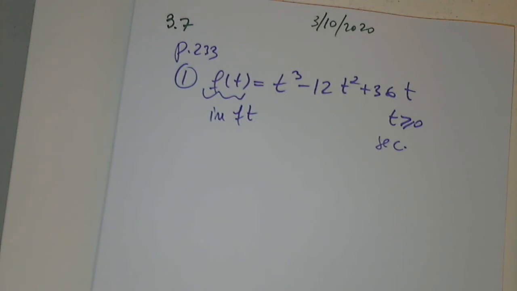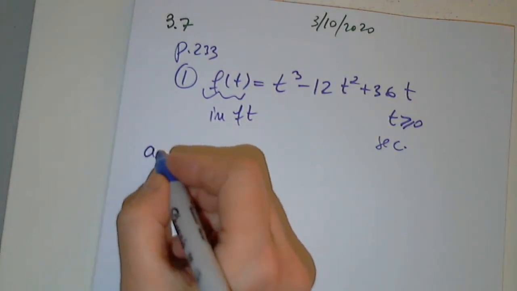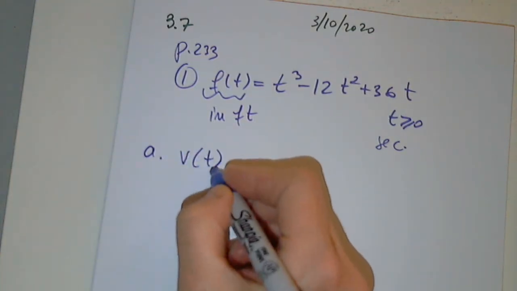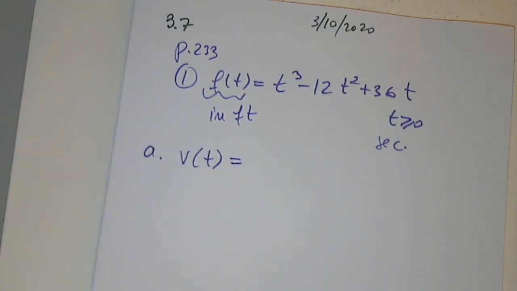Okay, so here's our first question, part A. Find the velocity at time t. What do I have to do? You have to differentiate. Yes, please start differentiating.